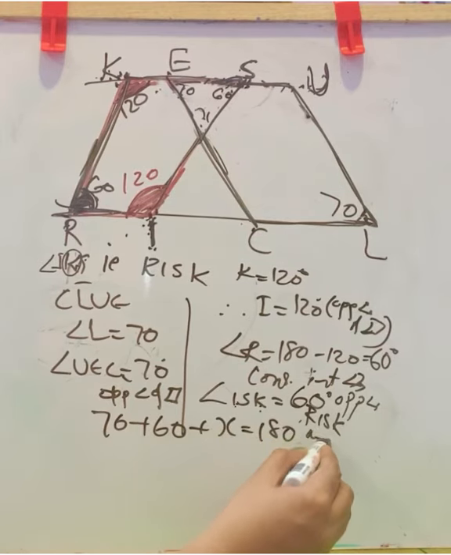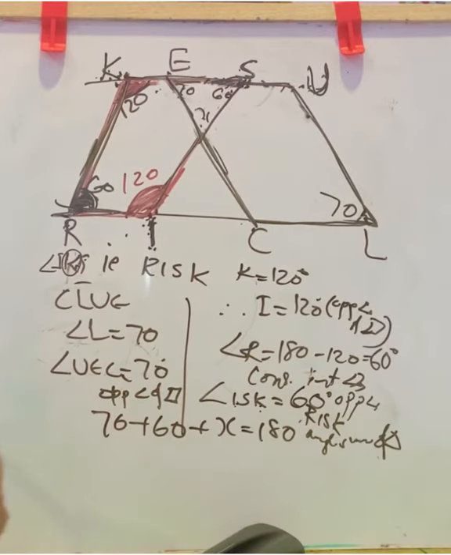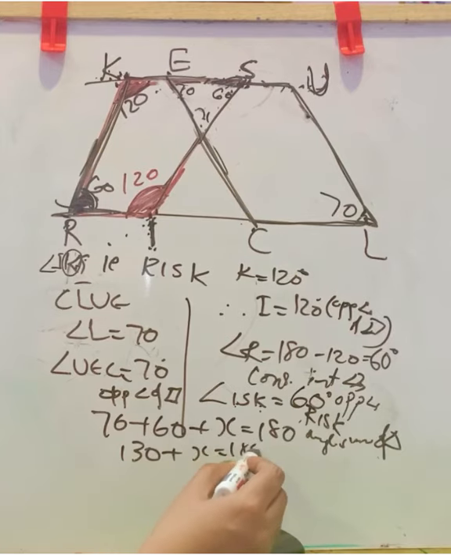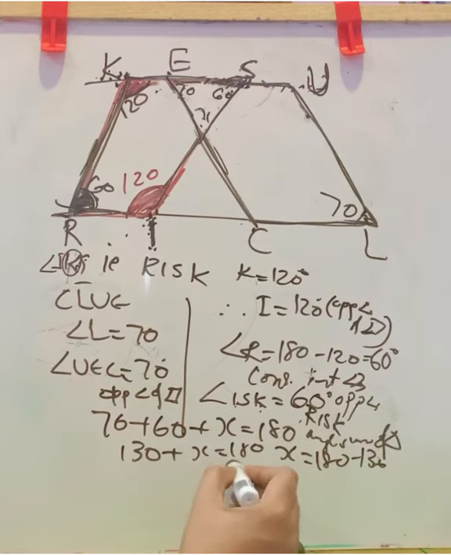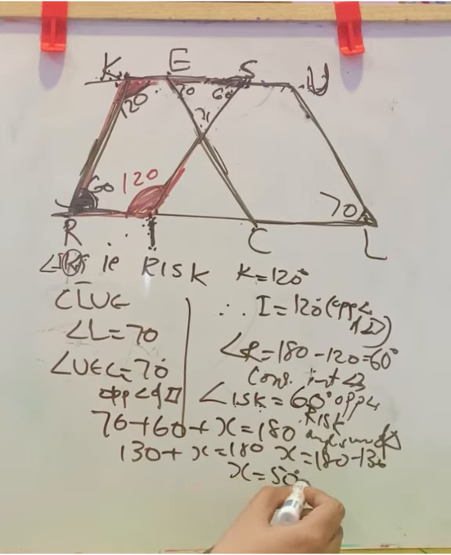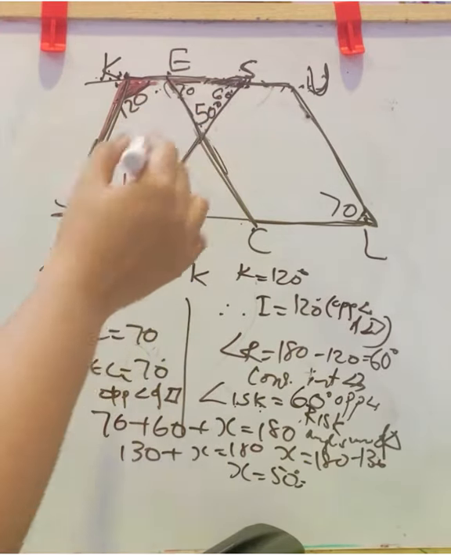That is angle sum of triangle. Now 70 plus 60 is 130 plus X is equal to 180. X is 180 minus 130, that is X is equal to 50 degree. Here you have to find X, that is 50 degree. Angle sum property of the small triangle.